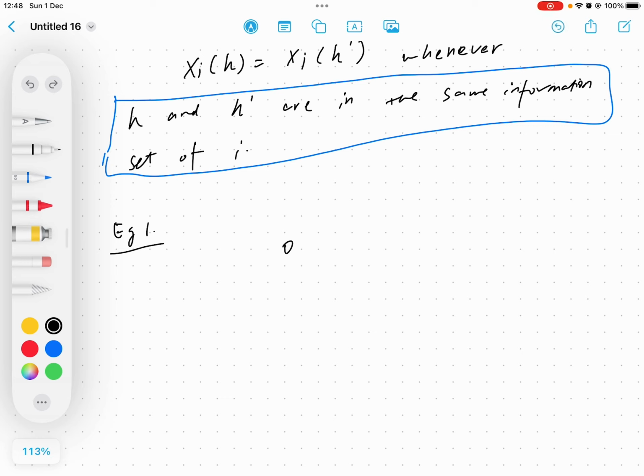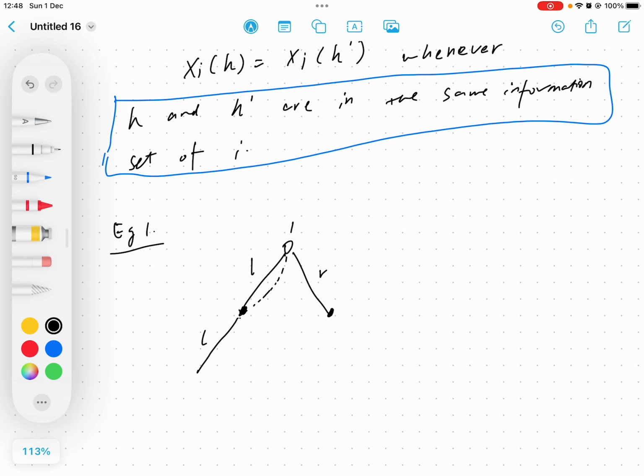Player 1 moves first, and then player 1 moves again, L or R. After playing L, player 1 moves again, but player 1 actually forgets whether they themselves have played previously or not.